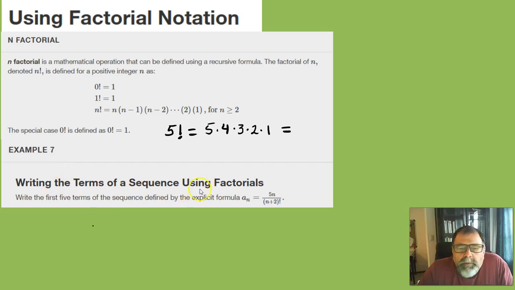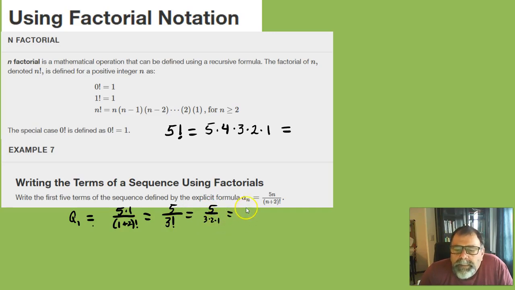Example 7: write the first 5 terms of a sequence using factorials. Write the first 5 terms of the sequence defined by the explicit formula a sub n equals 5 times n divided by (n plus 2) factorial. So the first term will be 5 times 1 over 1 plus 2 factorial. So that's 5 over 3 factorial. 3 factorial is 3 times 2 times 1, or 6.